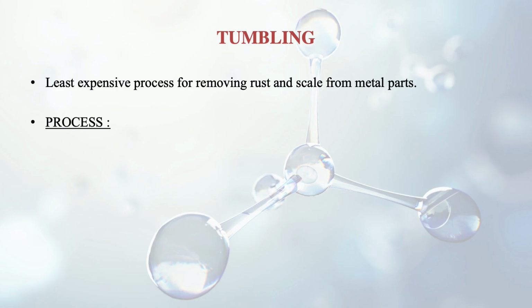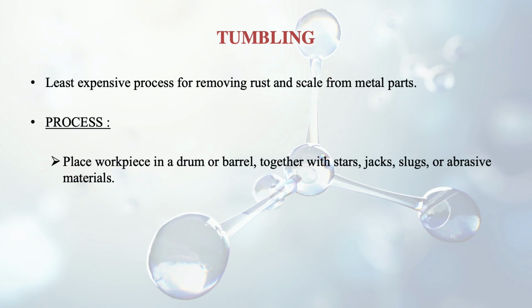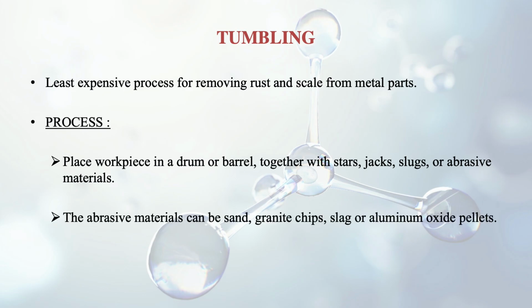So in this process, the workpiece is placed in a drum or barrel together with certain jacks, slugs or abrasive materials. So the abrasive materials can be like sand, granite chips, or either slag or the aluminum oxide pellets.